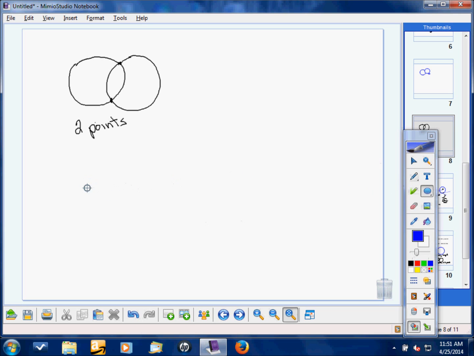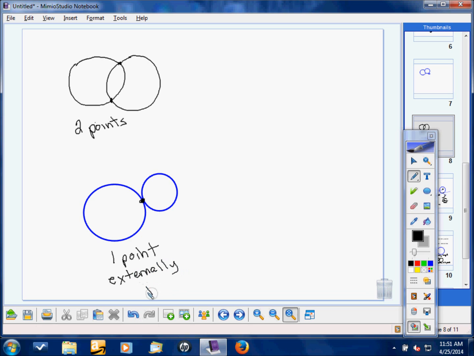So let's say one possibility is you could have one circle and it might intersect a second circle at one point on the outside. So these circles would be called tangent. For one point, this one happens to be external tangent.